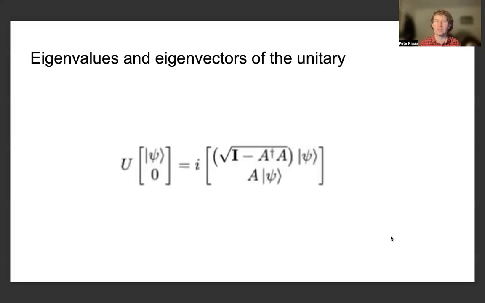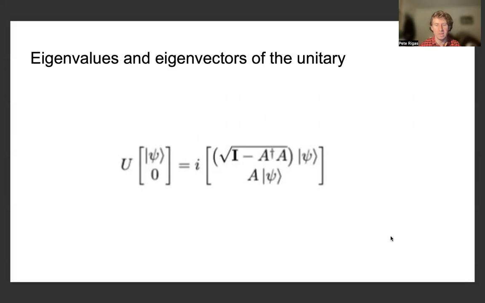And we also can characterize the eigenvalues and eigenvectors of the unitary transformation that we had introduced earlier, which we had defined as a 2x2 matrix that's parameterized in terms of a function of whatever matrix A we're looking at. So the unitary transformation acts on a state psi as well as a 0 state, which is equivalent to an imaginary prefactor times the square root of I, the identity operator, minus the Hermitian conjugate transpose of A times A, which acts on psi, as well as A acting on psi.